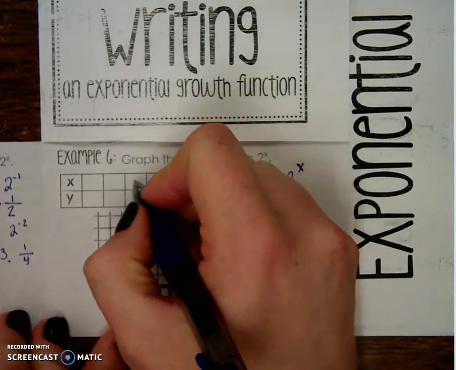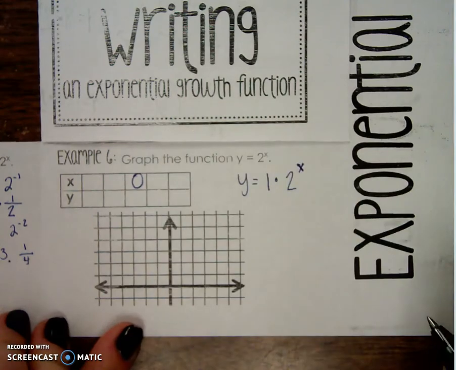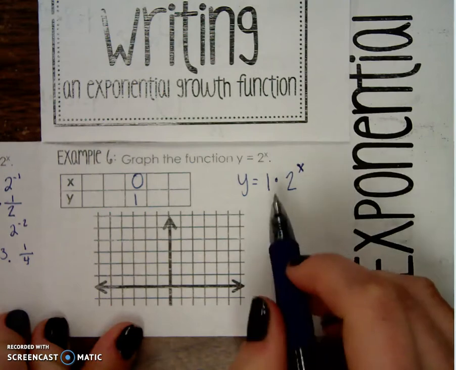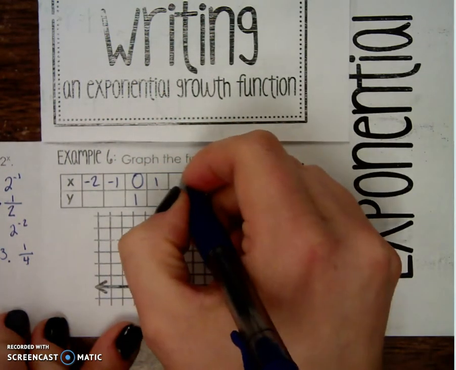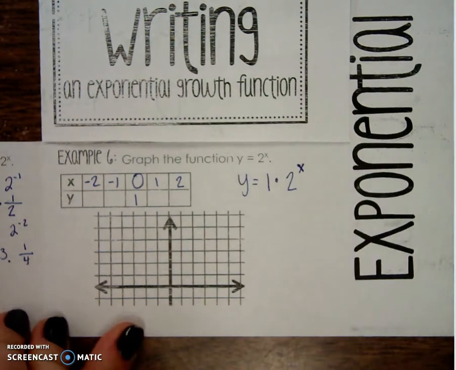So when we have a 0 in the x, y is 1. Now let's fill in -2, -1, 1 and 2 for our domain or our x values.